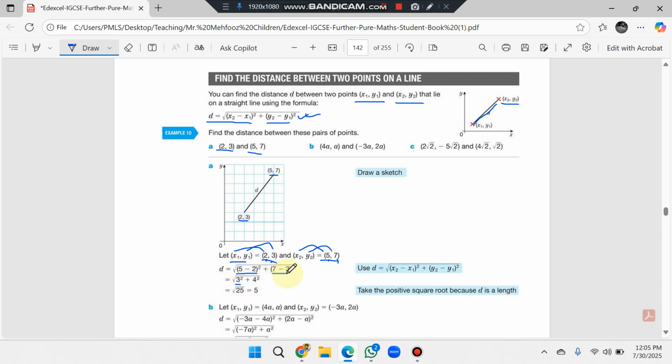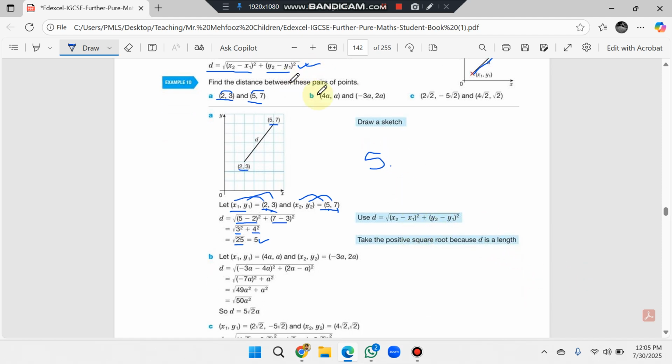When we subtract these two terms, its answer will be 4 square. So 3 square is 9 plus 4 square is 16. So your answer will be square root of 25. And what is square root of 25? That is simply 5. It means that the distance between the point (2, 3) and point (5, 7) is basically 5. Understand or not?